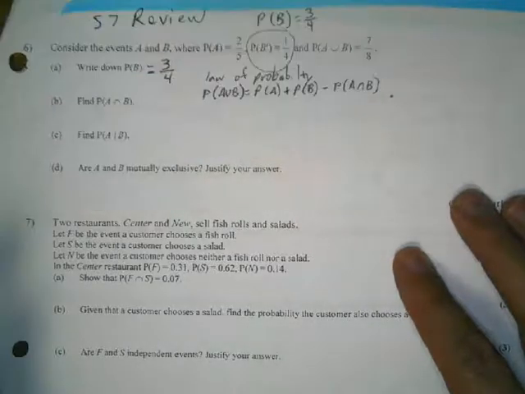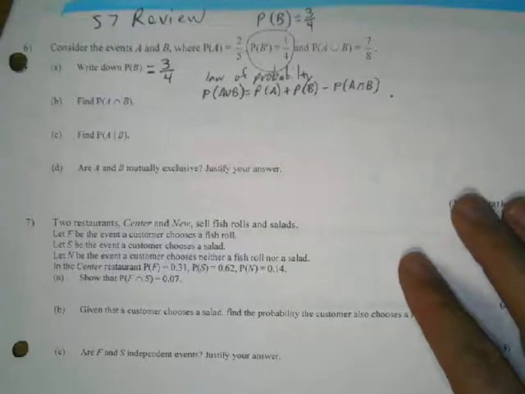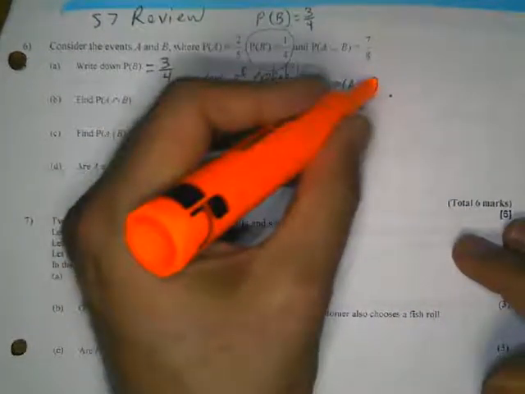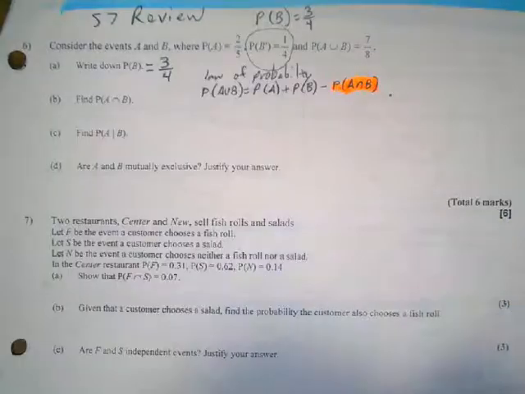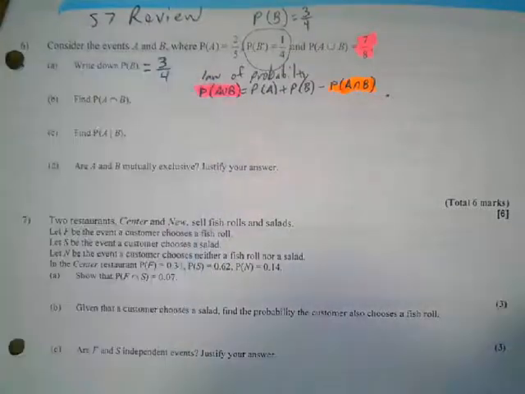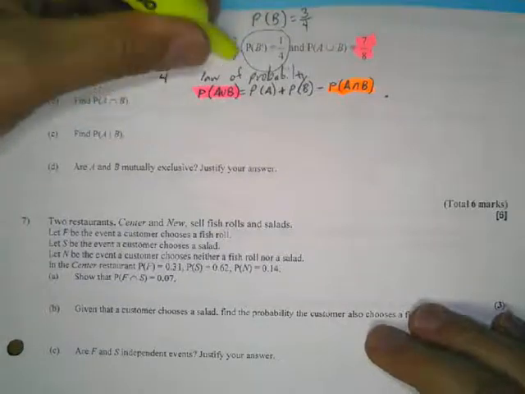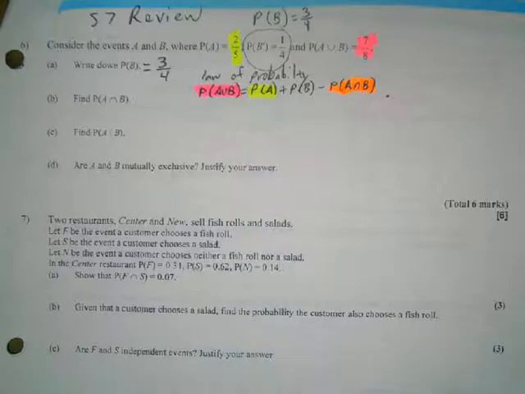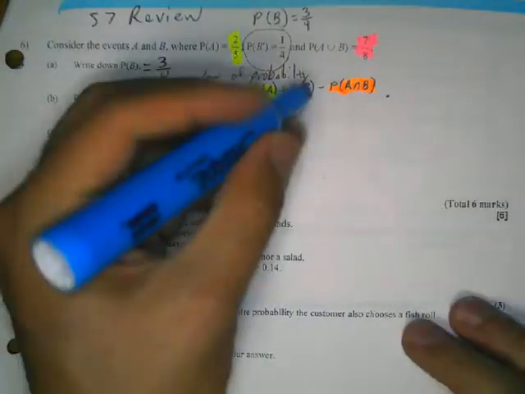Now we're trying to figure out the intersection, right? And we know the union. We know the probability of A is 2/5, and we know the probability of B is 3/4.